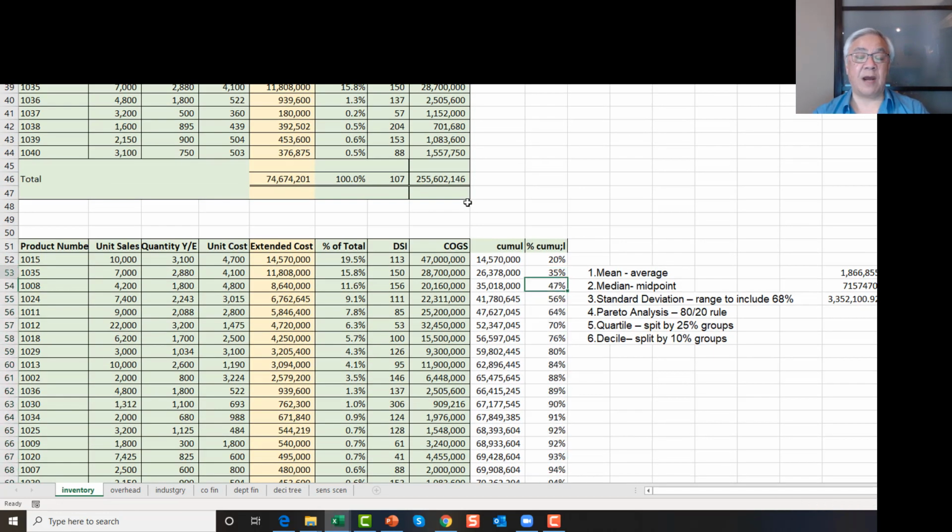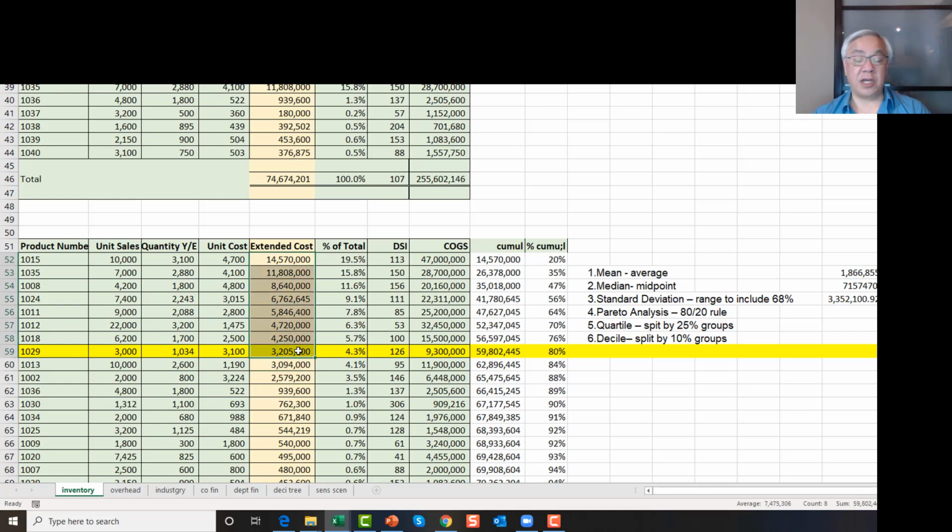And we'll see that it keeps rising. So we see that we get to 80% right there. So I'll just kind of highlight this row. So we can say that 80% of the value is comprised of these items here.